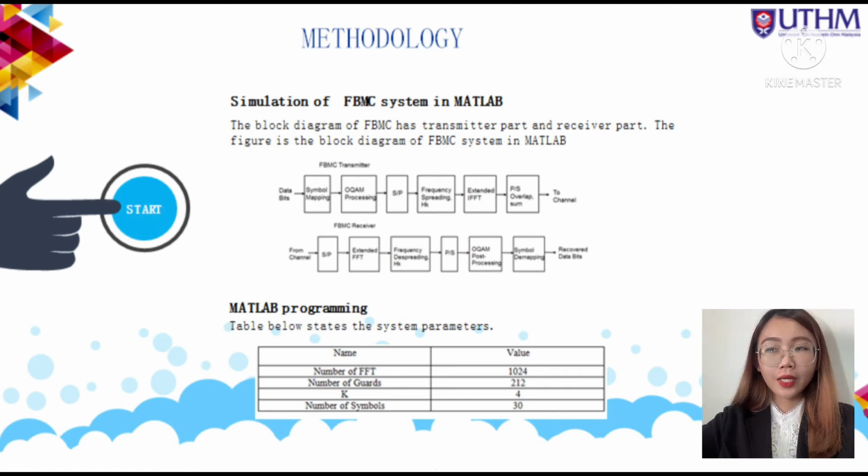Next is MATLAB programming. This is a table for system parameters in this programming. So the number of FFT is 1024, number of guards is 212, the overlapping factor is 4, and number of symbols is 30. In the programming, starting with the system parameters, it is important to define them so that the values can be used in the programming.